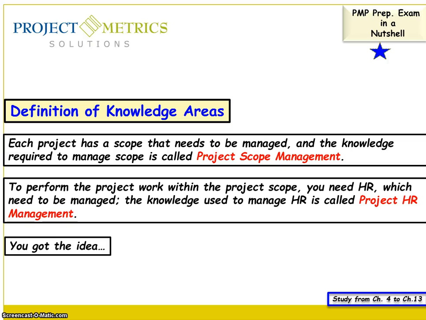To perform the project work within the project scope, you need human resources, which need to be managed, and the knowledge used to manage human resources is called project human resources. You can use the same approach with all knowledge areas.